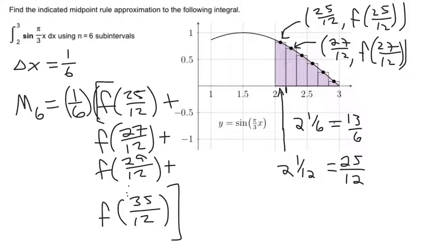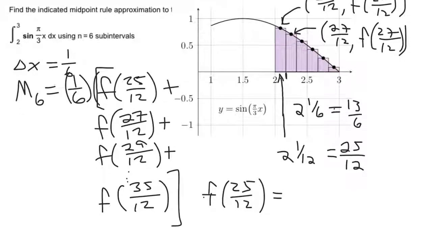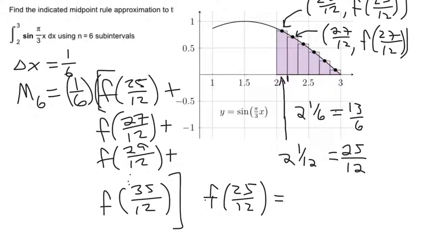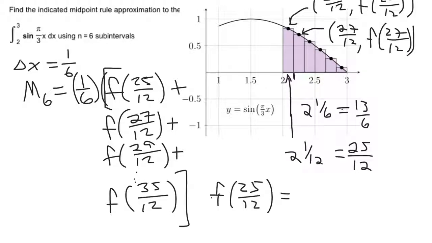So that's it. Make sure your calculator is on radians mode, and when you plug these in, make sure you're careful about how you do it. So for example, the first number, f of 25/12, is the sine of pi over 3 times 25/12 with the calculator on radians.